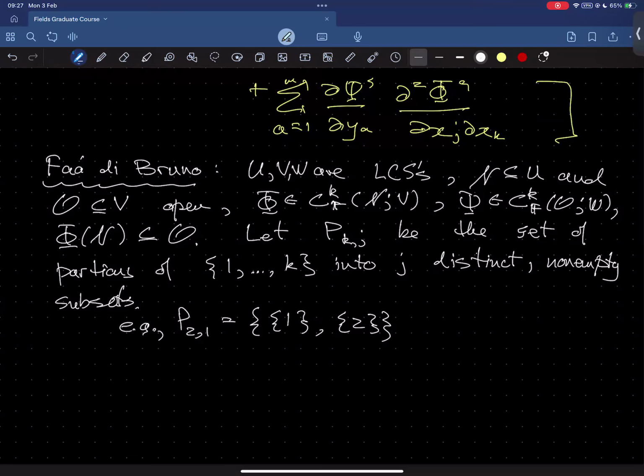All right. So if we take some indices, i_1 up to i_j in 1 up to k, I'm going to introduce some shorthand.